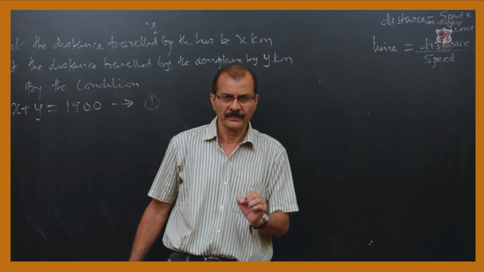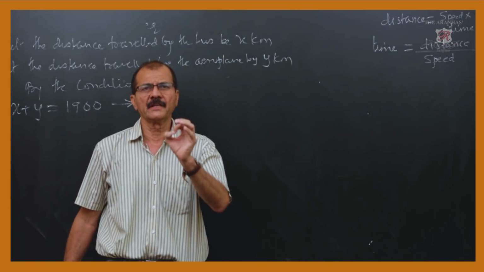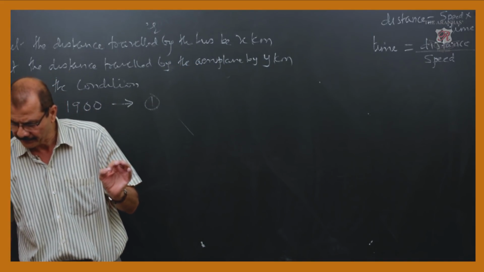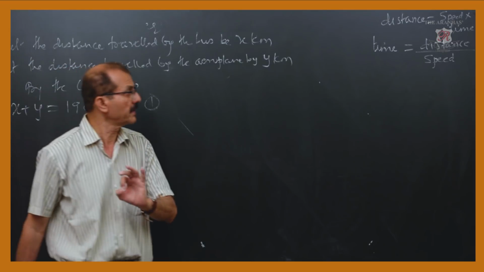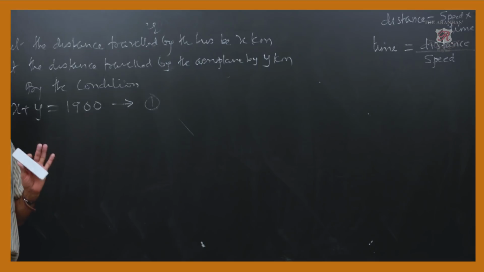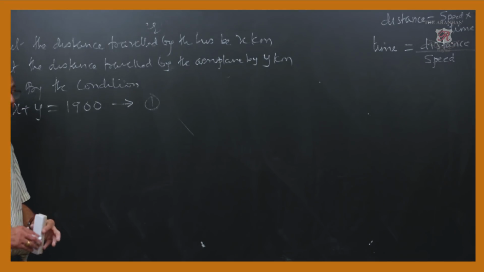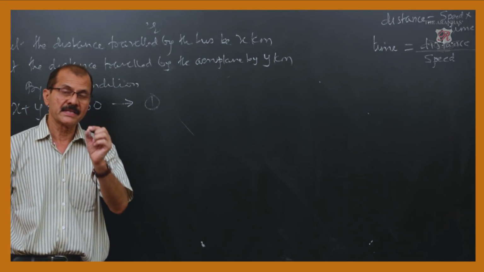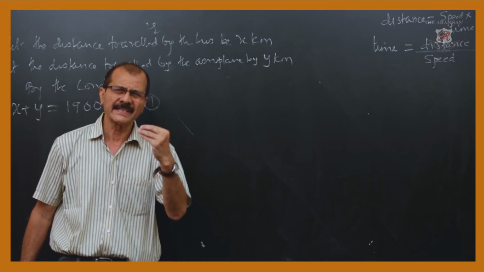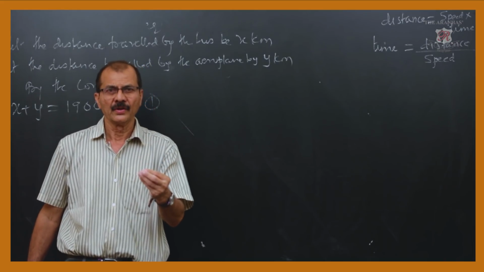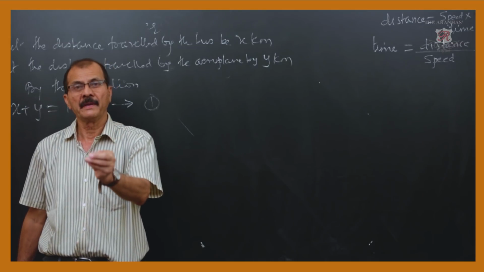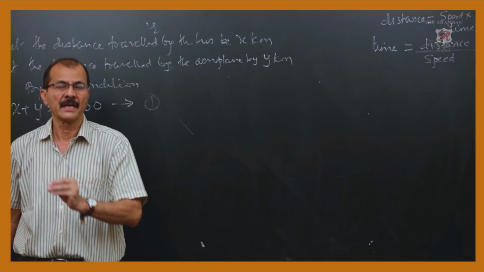For example, the average speed of the bus is 60 kilometers per hour. And you also know that the distance travelled by the bus is x. So how much time will it take to cover that distance, x kilometer, with the speed of 60 kilometers per hour?